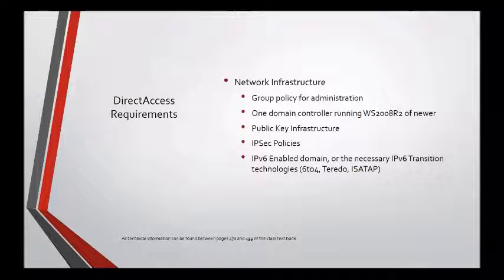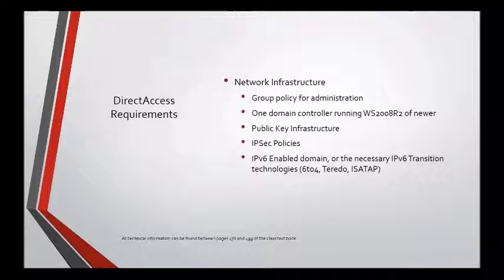Certain network infrastructures must also be configured to allow for direct access. These include group policy for the deployment and administration of direct access configurations of the clients. As stated before, there must be one domain controller running Windows Server 2008 R2 or newer.